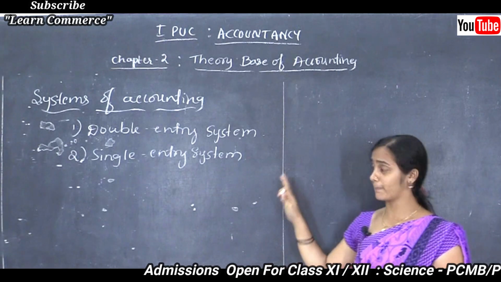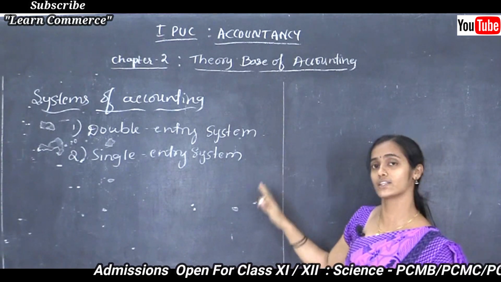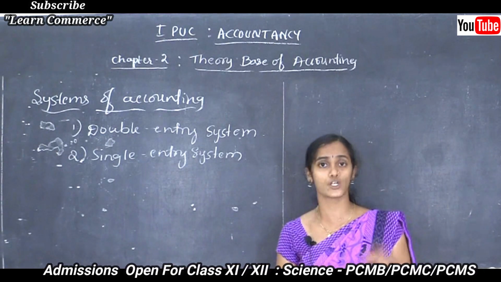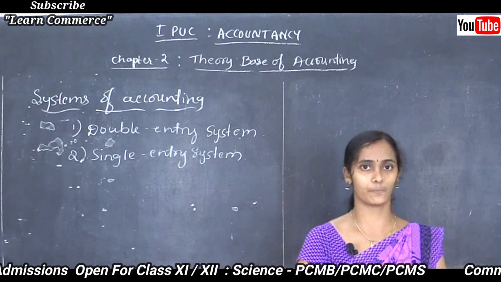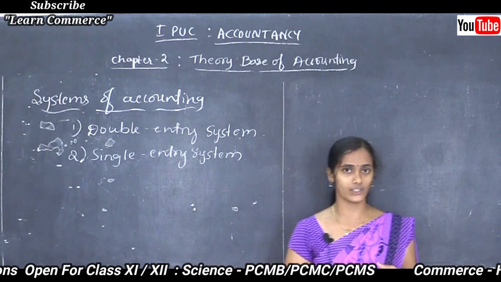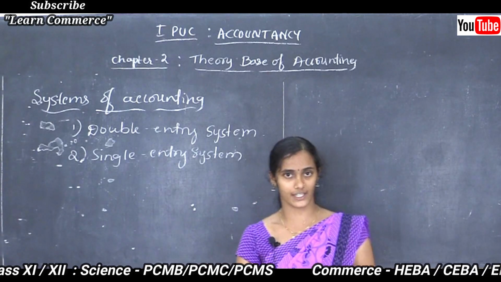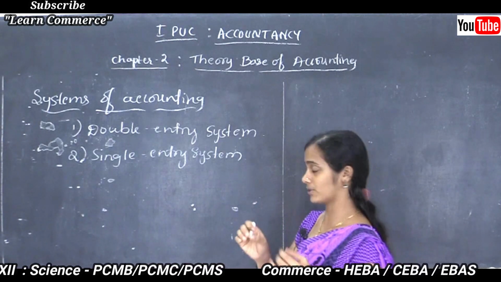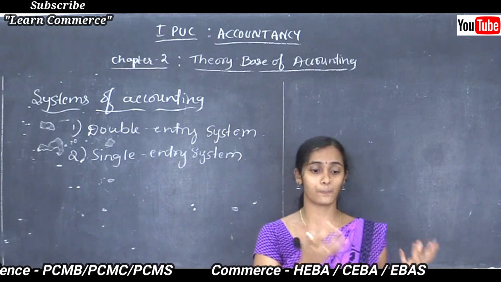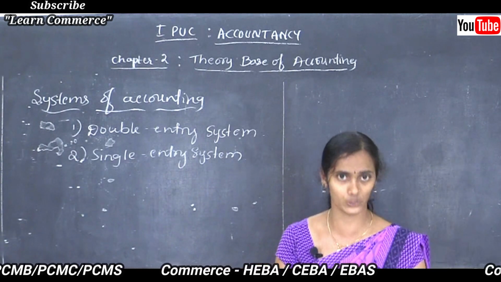Based on these two systems, we can record the transactions in the books of accounts. As I told you, we should not record transactions blindly; we need to follow some principles or basic assumptions while recording.